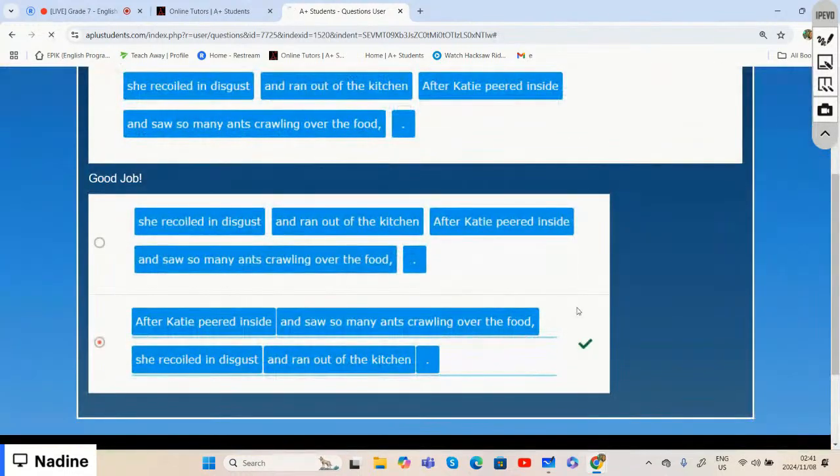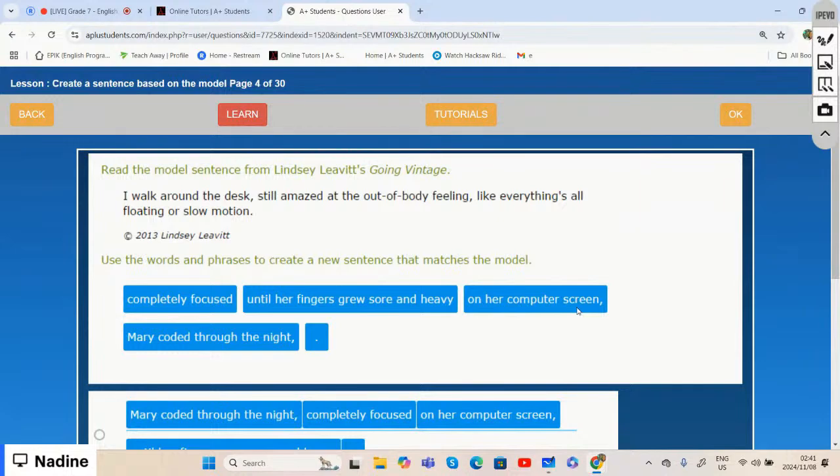All right, so that is our sentence that matches our model sentence.